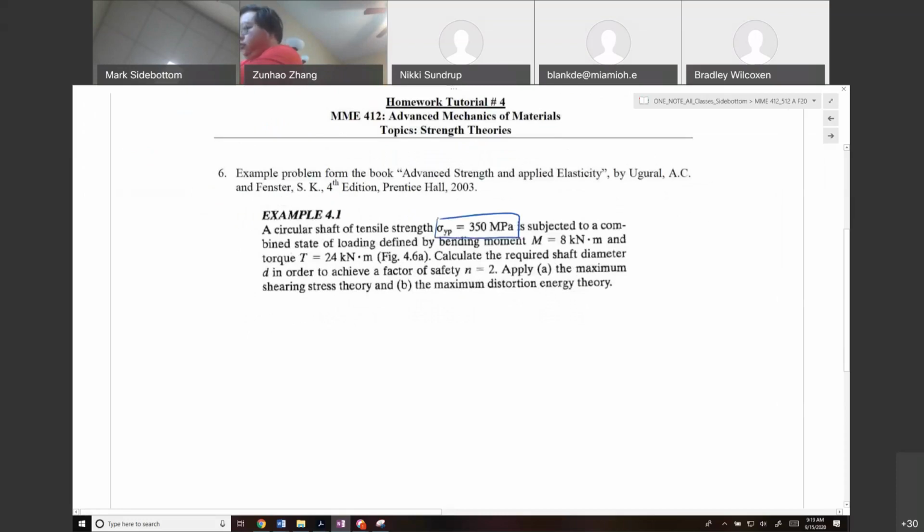It's subjected to a combined state of loading defined by a bending moment of 8 kilonewton meters and a torque of 24 kilonewton meters. We're asked to determine the required shaft diameter to achieve a factor of safety of 2. First, apply the maximum shear stress theory, and second, apply the maximum distortional energy theory. Okay. So the first thing we need to do is determine our state of stress.